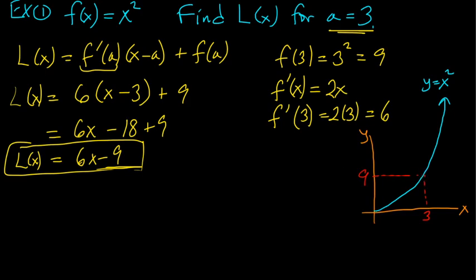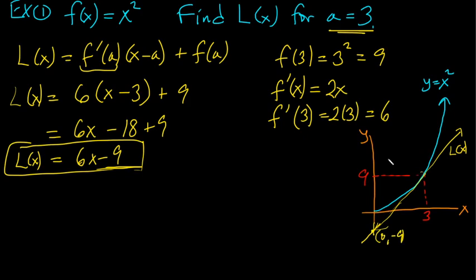And then for the tangent line, which again I'll do in yellow. So that'll be my L of x, and we know the slope is 6. Right, and we know the equation is y equals 6x minus 9. So what that means is the y-intercept would be way down here at 0, negative 9.